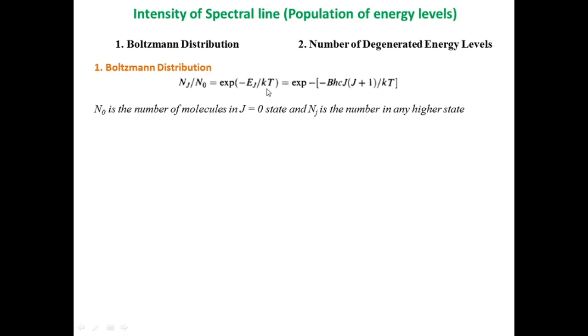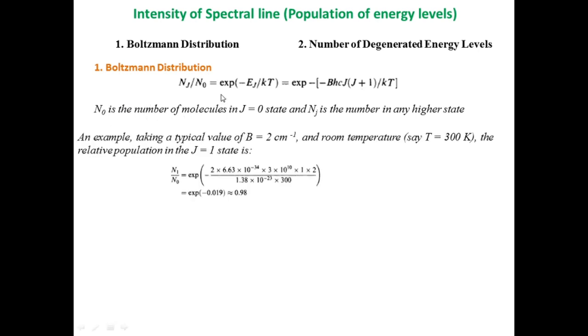We know that Ej is equal to Bj into j plus 1, and we should multiply by hc to get the energy value, that is Bhc j into j plus 1, where N0 is the number of molecules in j equal to 0 state, and Nj is the number in any higher state.